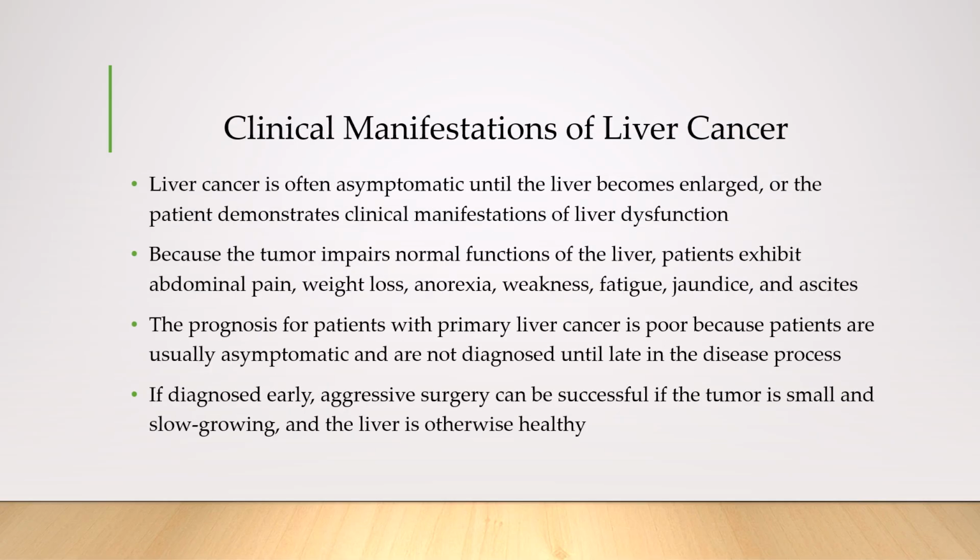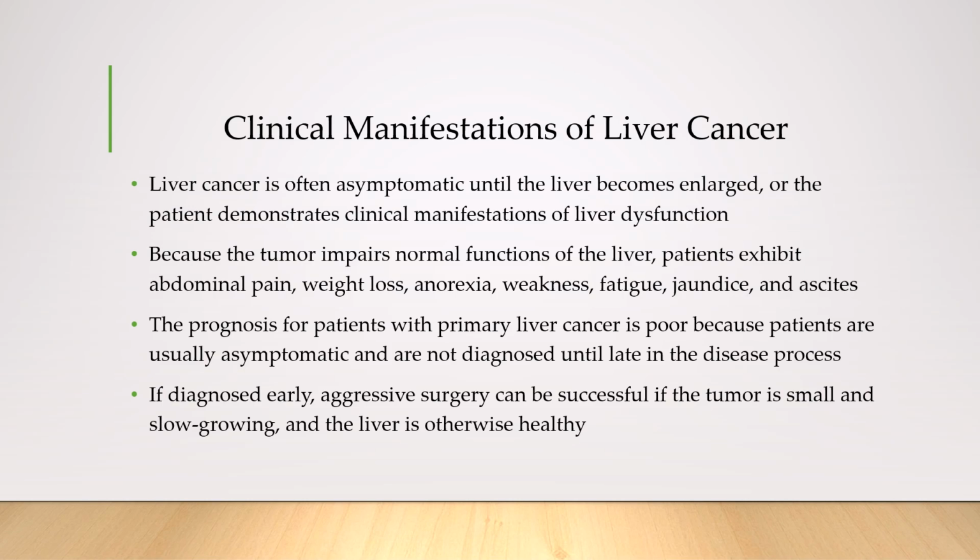Clinical manifestations of liver cancer. Liver cancer is often asymptomatic until the liver becomes enlarged or the patient demonstrates clinical manifestations of liver dysfunction. Because the tumor impairs normal function of the liver, patients will exhibit abdominal pain, weight loss, anorexia, weakness, fatigue, jaundice, and ascites.